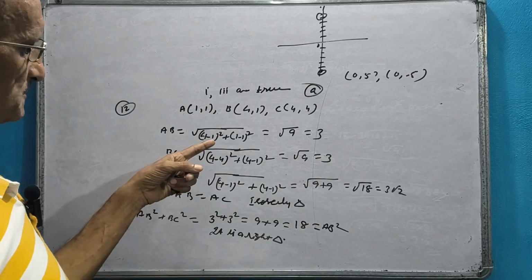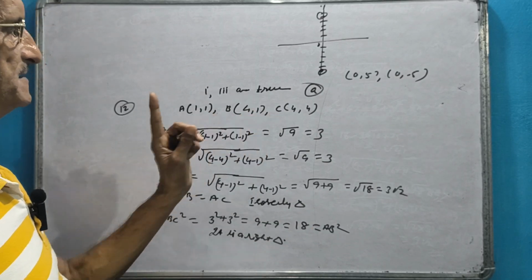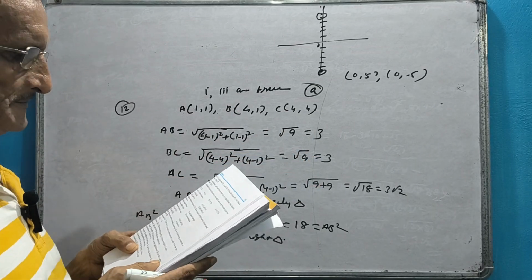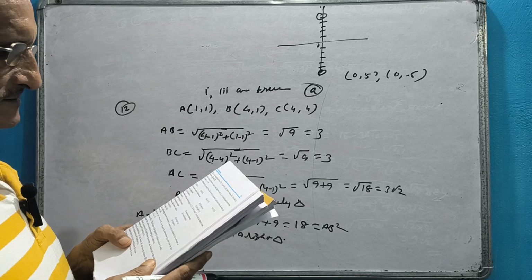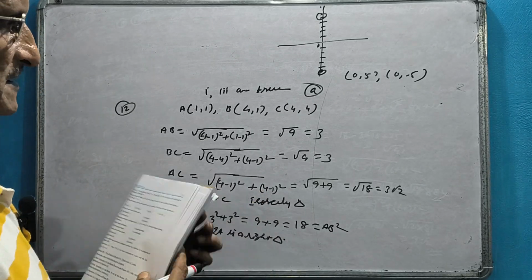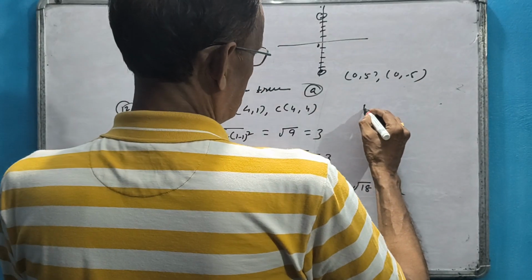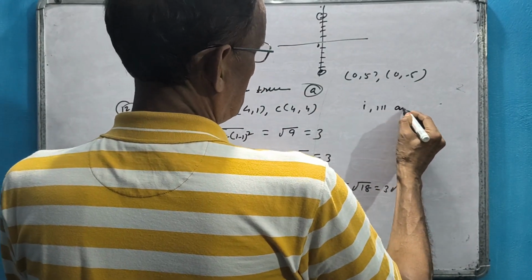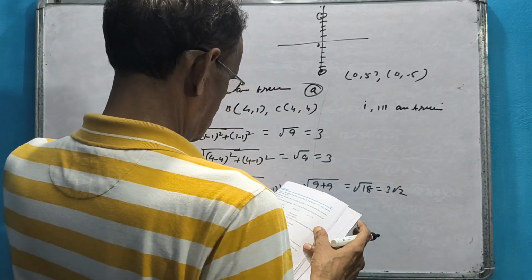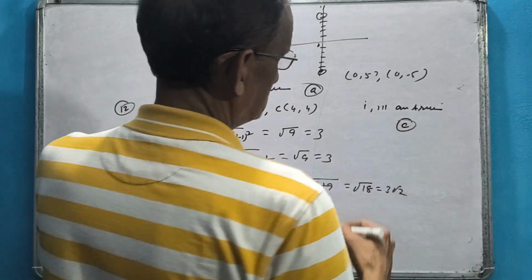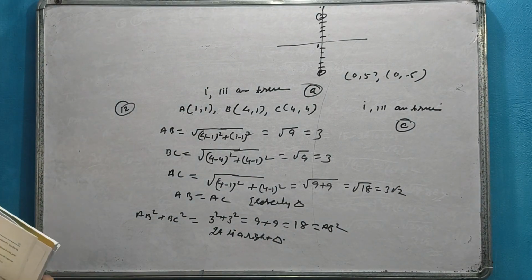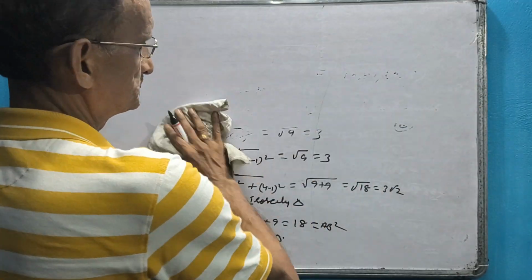By the converse of the Pythagoras theorem, ABC will be a right angle triangle as well as an isosceles triangle. In the options, 1 is right triangle and 3 is isosceles triangle. So 1 and 3 are true. Which option? 1 and 3, this is C. Understood? So this was number 12. We'll go to number 13 now.